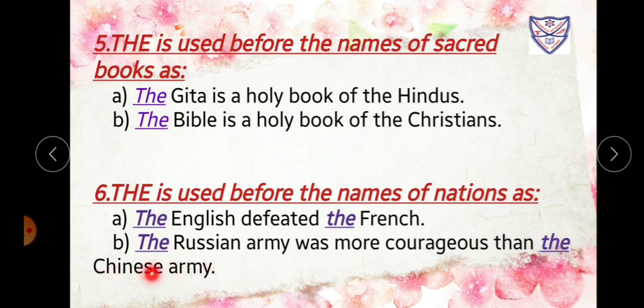Then before Chinese army again we will use an article, and that article is the, as Chinese army specifies the name of the nation. So as per rule number 5, the is used before the names of sacred books, and as per rule number 6, the is used before the names of nations.